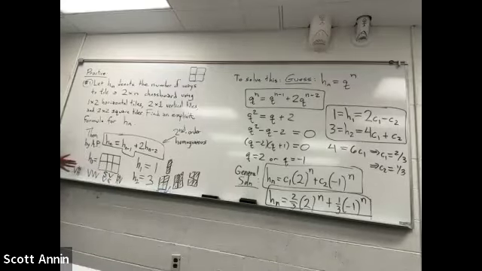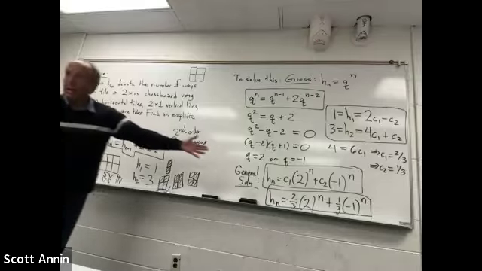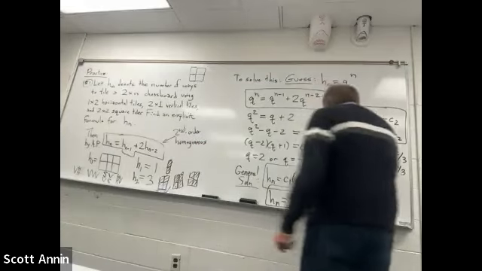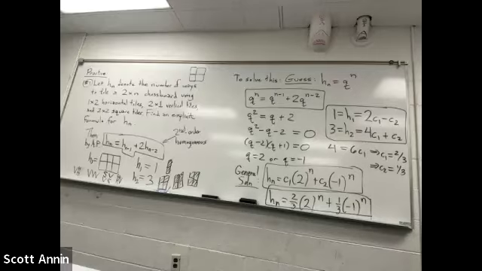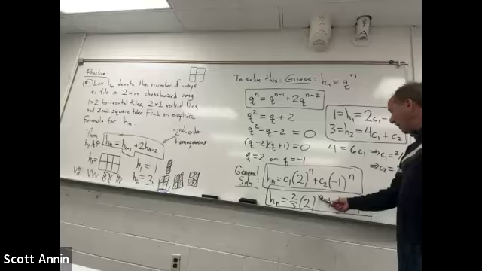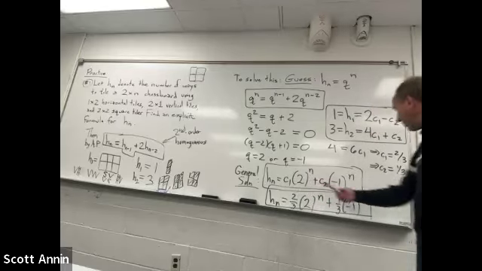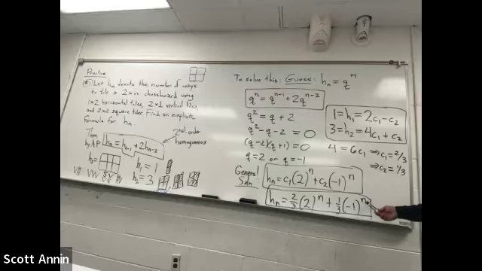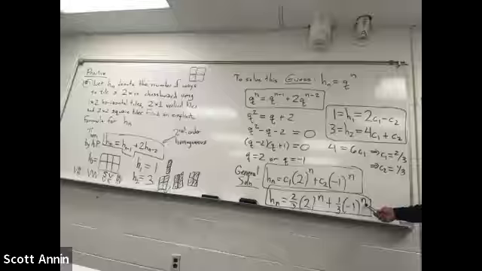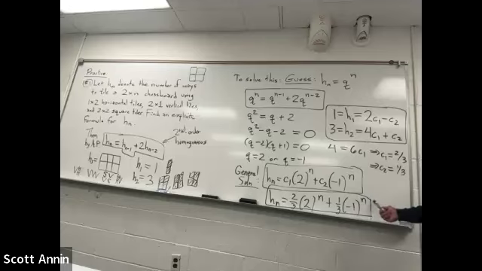And the reason I'm suggesting this is just to check your answer here. If I plug in n equals 3 into my final answer, I'm going to get 2 cubed is 8. So times 2/3, that's 16/3 minus 1/3, which is 15/3, which is 5.